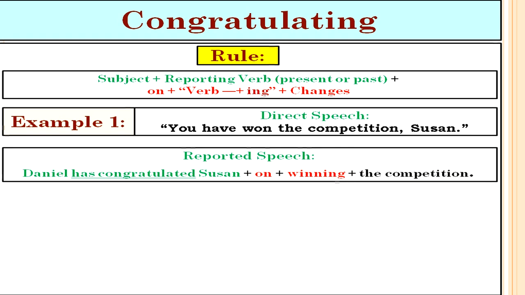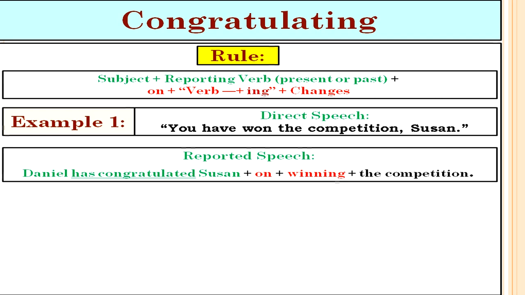So the main verb in the sentence in direct speech is won, and it is the past participle of the verb win. So we're going to make use of the infinitive of the verb win. And before adding ing, we need to have double N. Why?